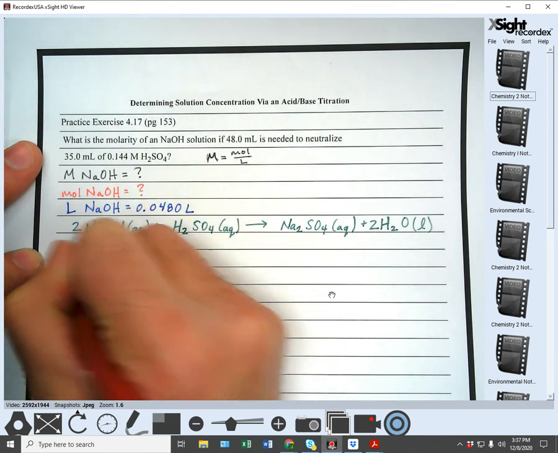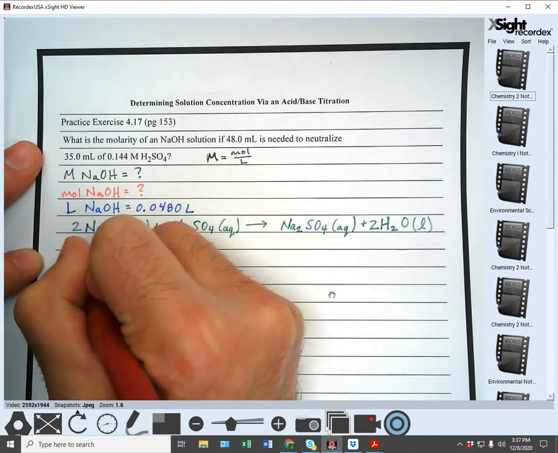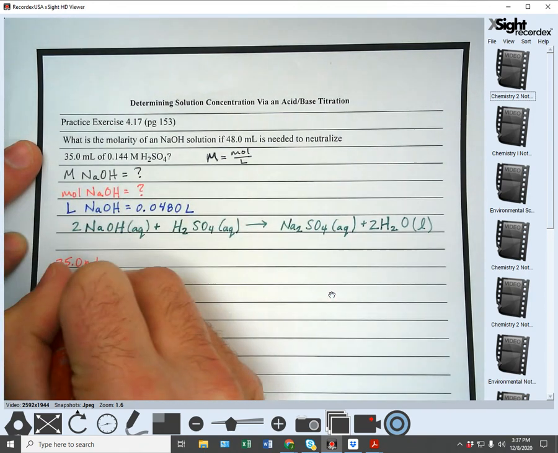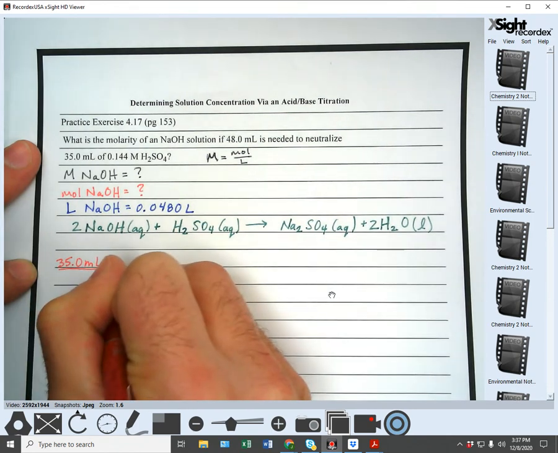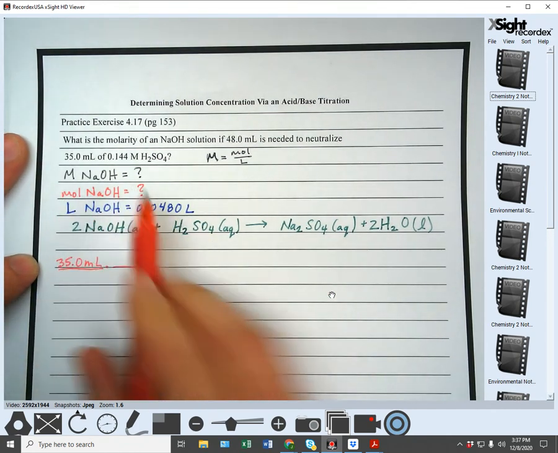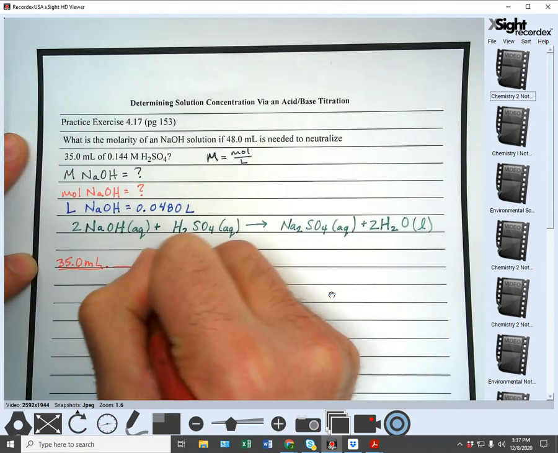You can convert it into liters in your head if you want, but I'm going to write it so if people look back on this later, they know. I'm writing this in red because this is what I'm going to do to solve for the moles here. So I'm going to go milliliters to liters.